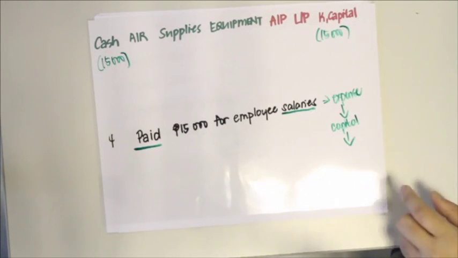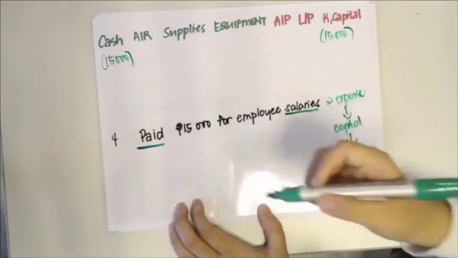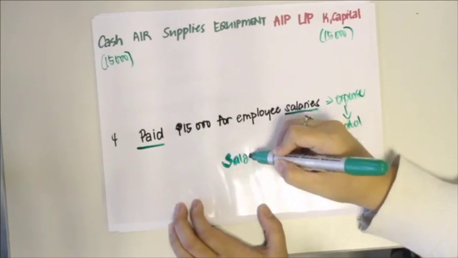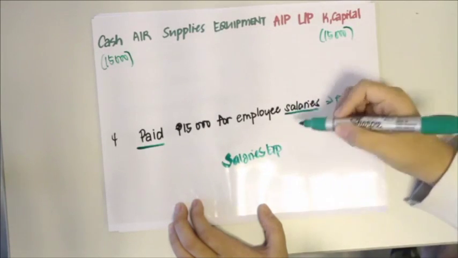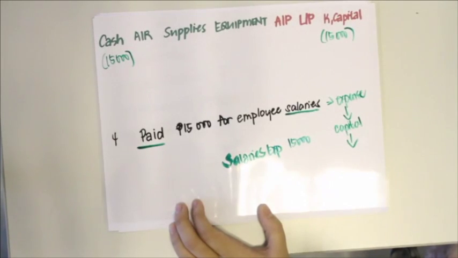Now, to journalize the entry, you simply make a debit to your expense, which is salaries expense, for 15,000, and then credit cash for the same amount.